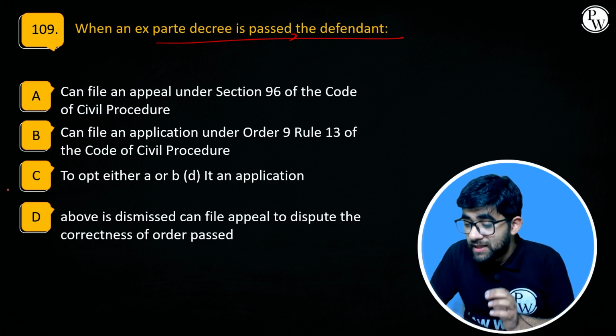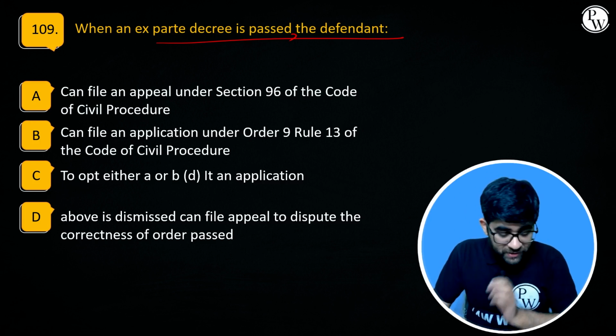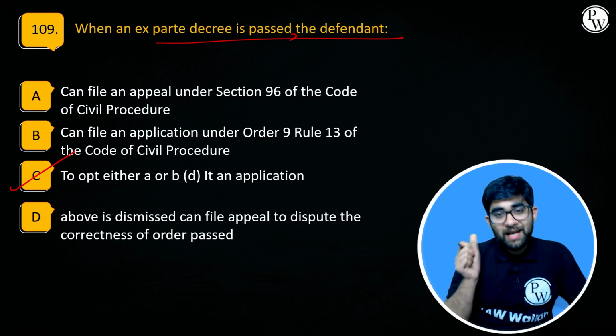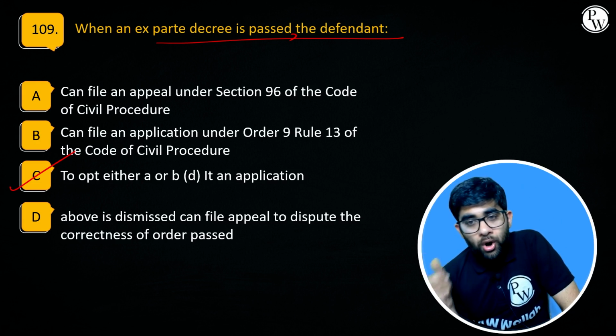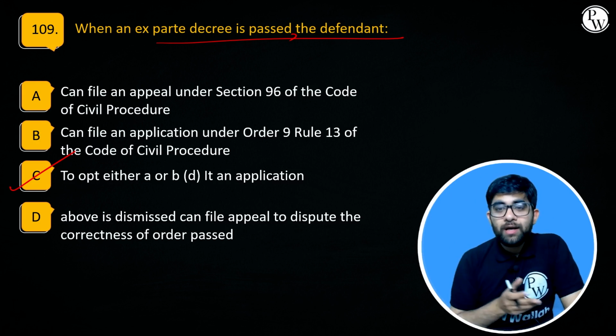The answer to this is actually same. We have discussed it. It can either opt for appeal or for Order 9 Rule 13 or for review, or concurrently go for all 3.